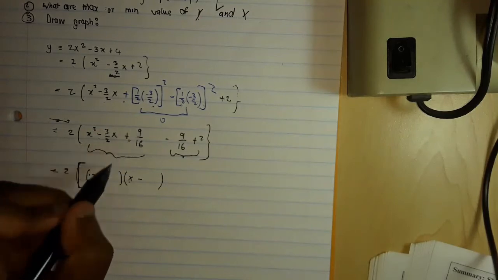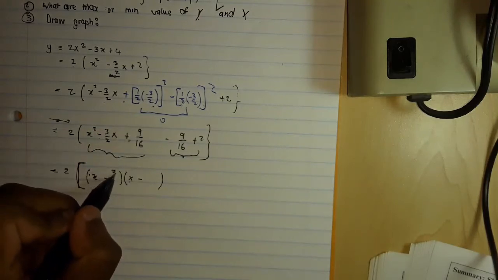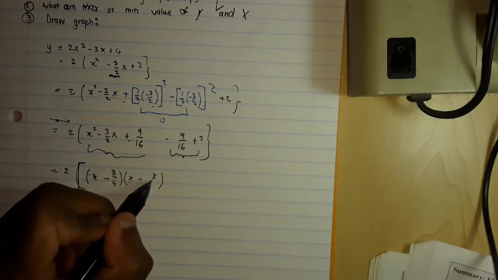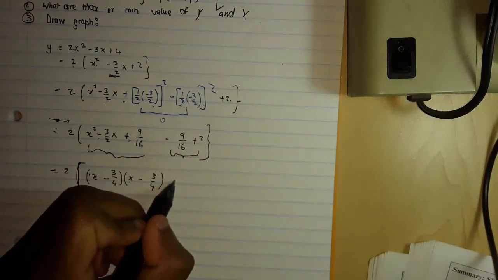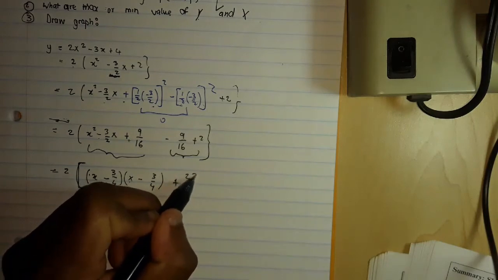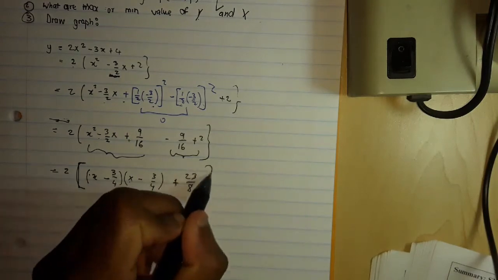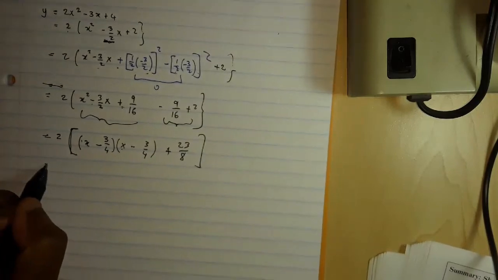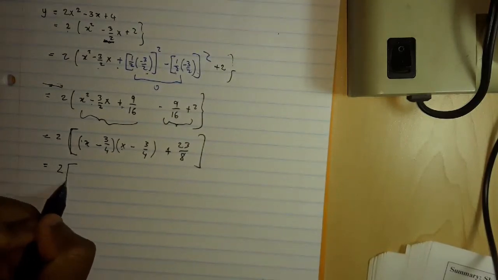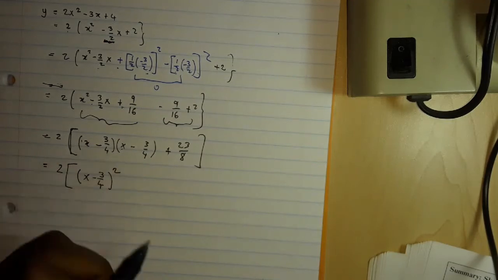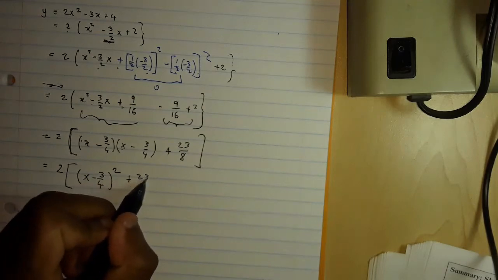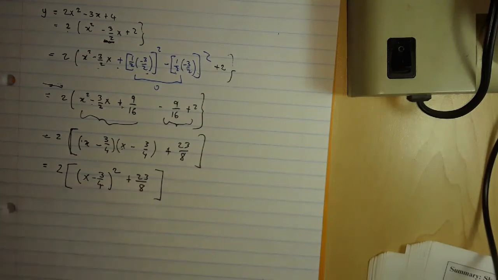The square root of this will be 3 over 4, so 3 over 4. And then if we add these two we will have plus 23 over 8. And then we simplify this a bit. We have now 2 times x minus 3 over 4, squared, that times that, it's a square, plus 23 over 8. So do you notice now we have this in this format?